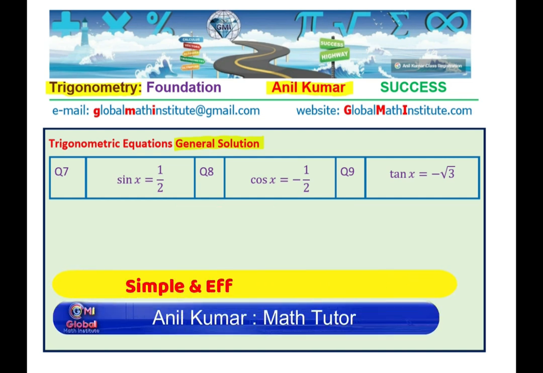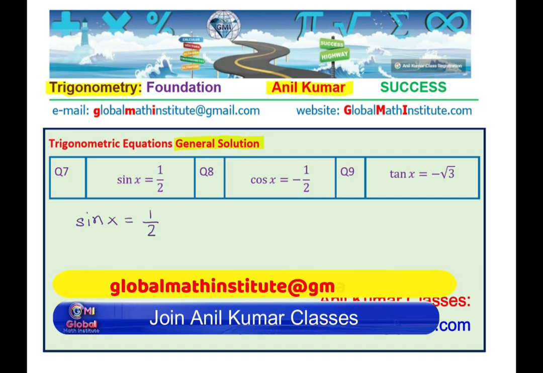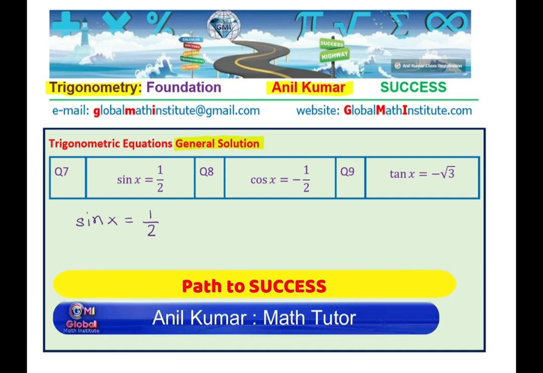Now, let's take up the solution of these questions one by one. The very first one here is sin x equals half. Now, when we are providing a general solution, we have to see all possible solutions within the normal domain of 0 to 2 pi or 0 to 360 degrees.